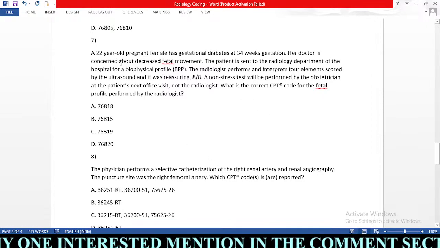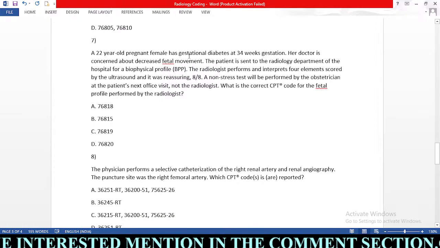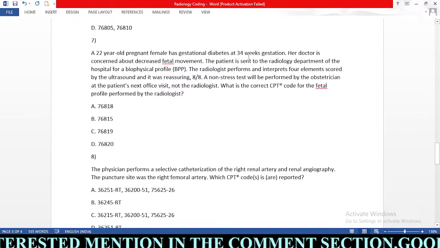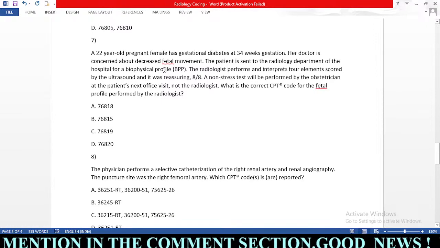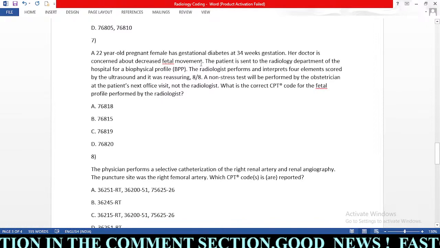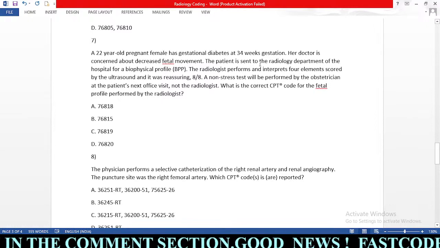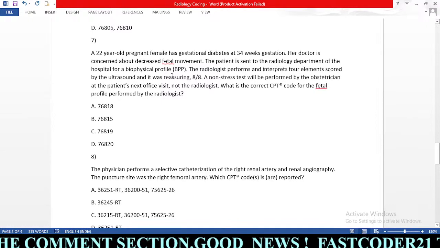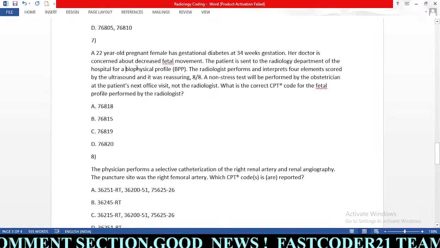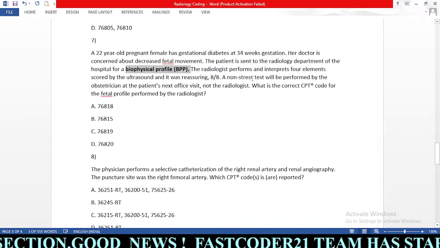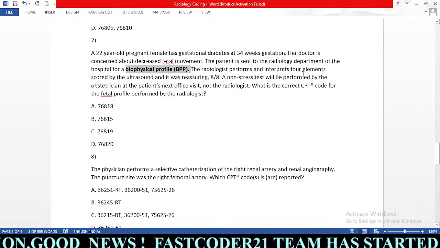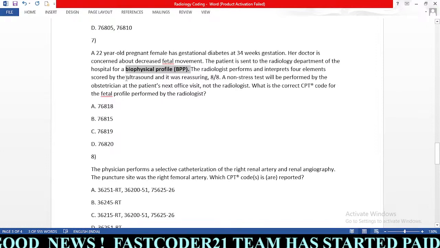A 22-year-old pregnant female has gestational diabetes at 34 weeks gestation. Her doctor is concerned about decreased fetal movement. The patient is sent to the radiology department of the hospital for a biophysical profile. So this is the keyword here. The radiologist performs and interprets four elements scored by the ultrasound.